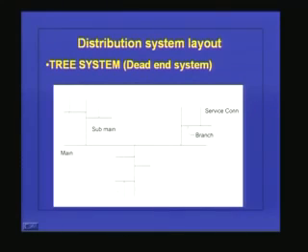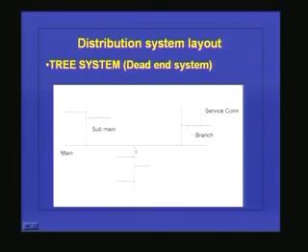Again, whenever I have a system like this, I need to have what we call cut-off valves or isolation valves. That means when I want to maintain a particular part of the system, I need a cut-off valve which will cut off that part from the main distribution line. So in a tree type system, I need a cut-off valve here, here, here, and here, like that.